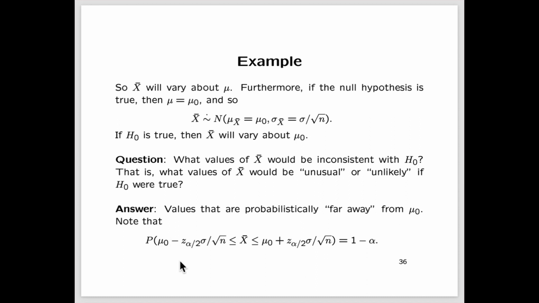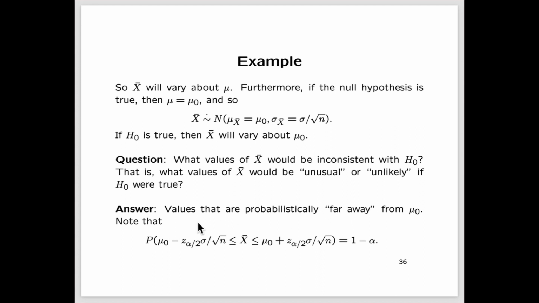Now, note the following. We have a probability statement here, and this is just quantifying what we're talking about in probabilistic terms. What this is saying is that the probability that the sample mean is between these 2 points, this lower endpoint on the left and the upper endpoint on the right, the probability of getting a sample for which the sample mean is between those two values is 1 minus alpha if the null hypothesis is true.